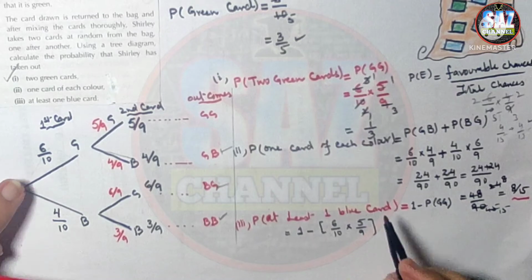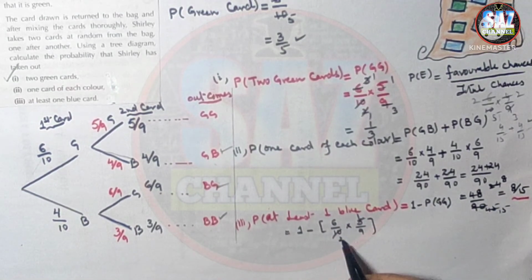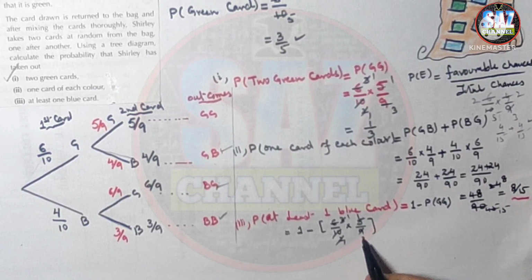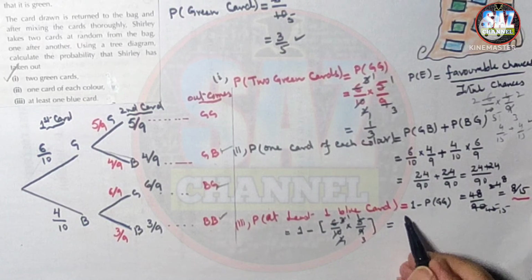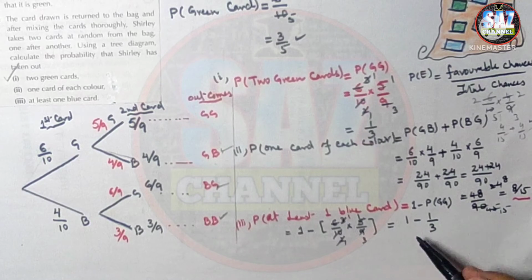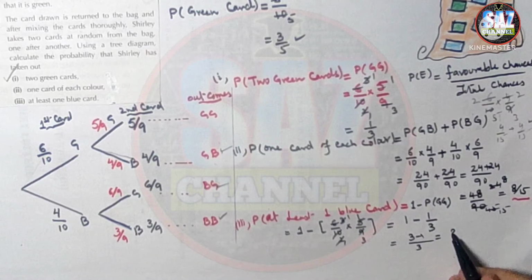This will give me 5 1s, 5 2s, 2 1s and 2 3s, and then 3 1s and 3 3s, and this gives me 1 minus 1 by 3, and I have to take the LCM here. 3 minus 1, which is equal to 2 by 3.